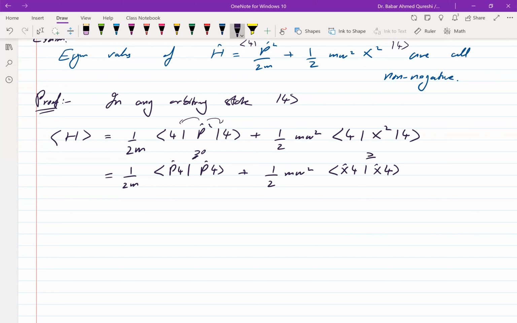Similarly, this is equal or more than 0, because the scalar product of a vector with itself is real and non-negative. So that means this is a positive number. This is positive. So this whole thing, and there's a plus sign in between, so no worries, is equal or greater than 0.